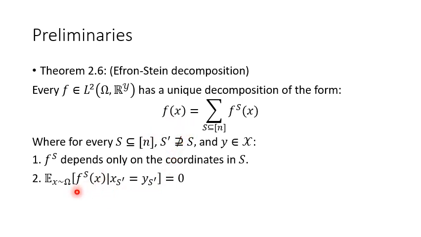So even if we fix all the elements of X but 1, then if we take this conditional expectation, it will be 0. So as long as there is a variance in even one of the variables that f_S depends on, then if we take the expectation, the expected value will be 0. So this is the intuition behind this second requirement. And this tool will actually be very useful to us.